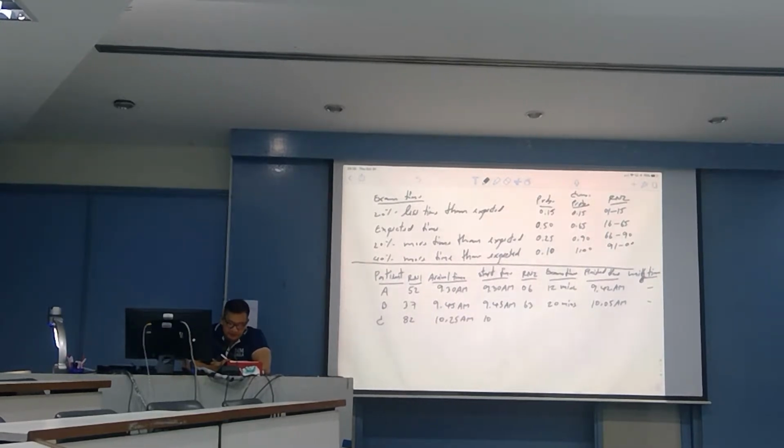He can start at 10:25 as well because the doctor finishes Brown at 10:05. Then we have 57 as random number 2. 57 is in the range of 16 to 65, so it's equal to expected time, about 15 minutes. So finish at 10:40. No waiting.